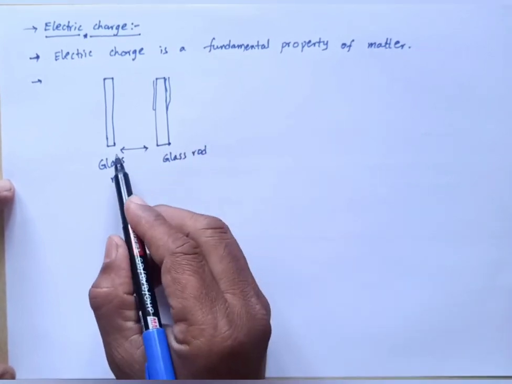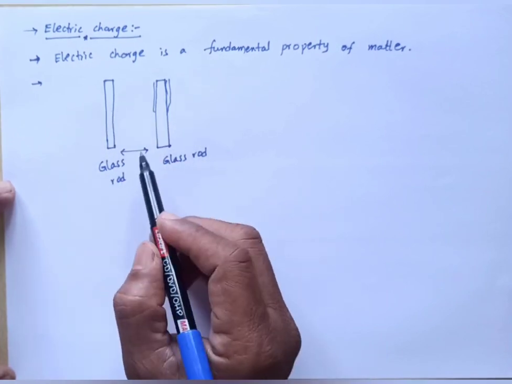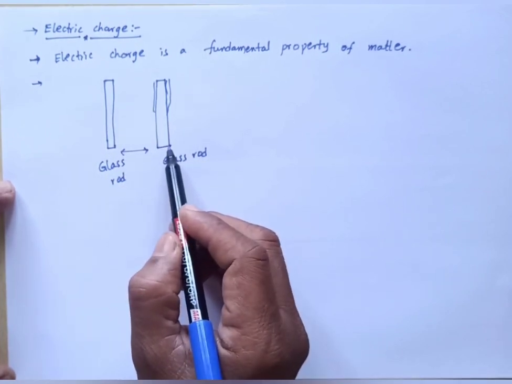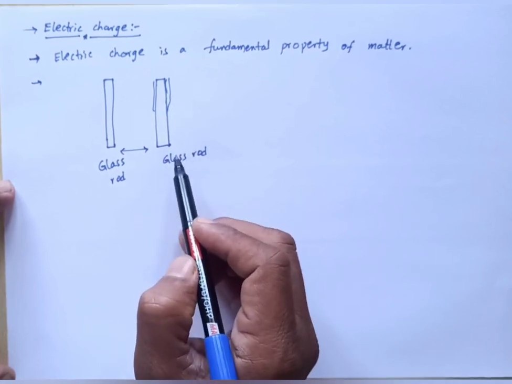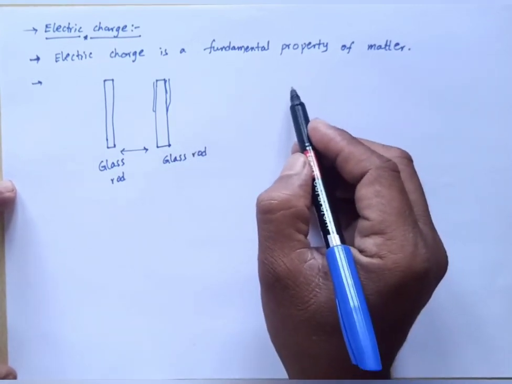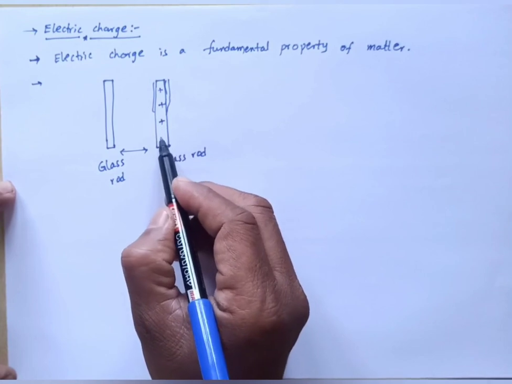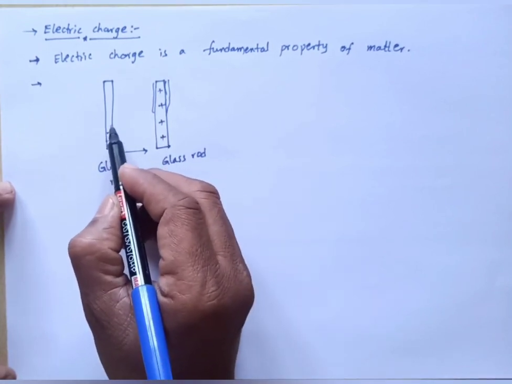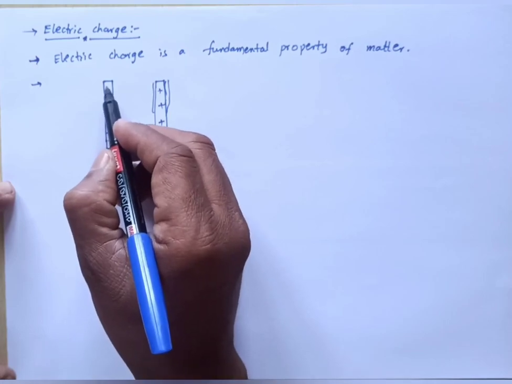So the glass rod is positive and the silk cloth accumulates negative charge.